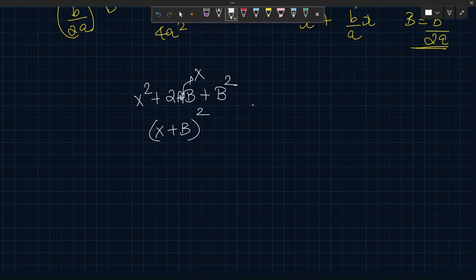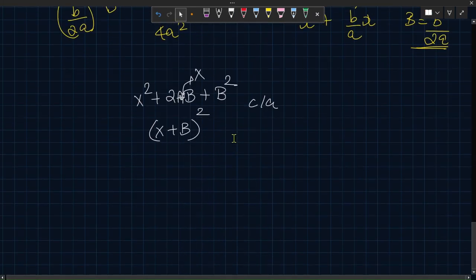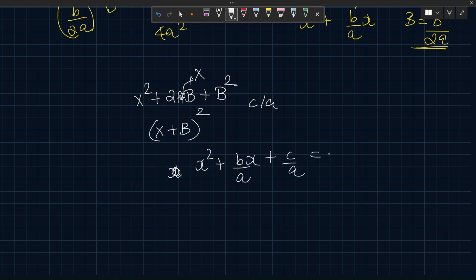But I instead have c by a over here. So I have the equation x square plus b by a x plus c by a is 0, and I've already said that this is of the form 2 into a into b, where a is just x and b is just b by 2a.